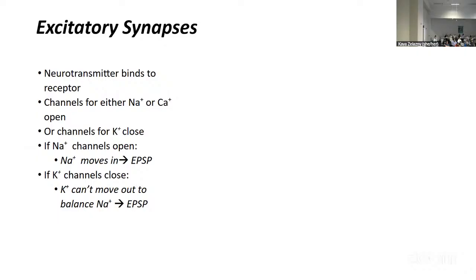So if we close potassium channels, this is another way we can start to inch up towards threshold. Okay. So in the case of opening a sodium channel, that's about moving sodium in. In the case of closing a potassium channel, we're going to expect some sodium to keep moving. Potassium isn't leaving to balance it out. So overall, the net effect is going to be that membrane potential going up a little bit.